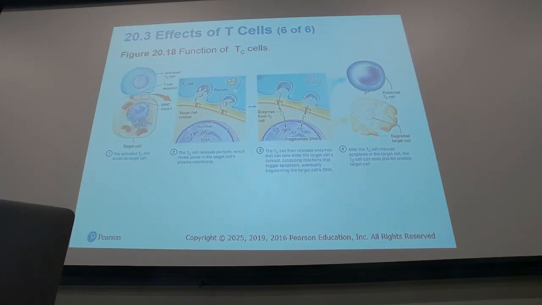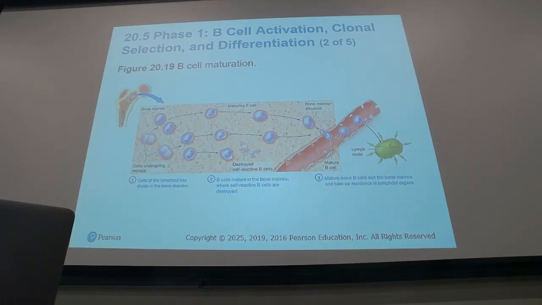The perforins form these pores, and then the enzymes enter and fragment these cells. So you have to have first physical contact, and then once you kill the cell, you don't have this physical contact anymore, so you detach these T cells. So that's cellular immunity: destruction of cells, or indirectly forming antibodies. Any questions?